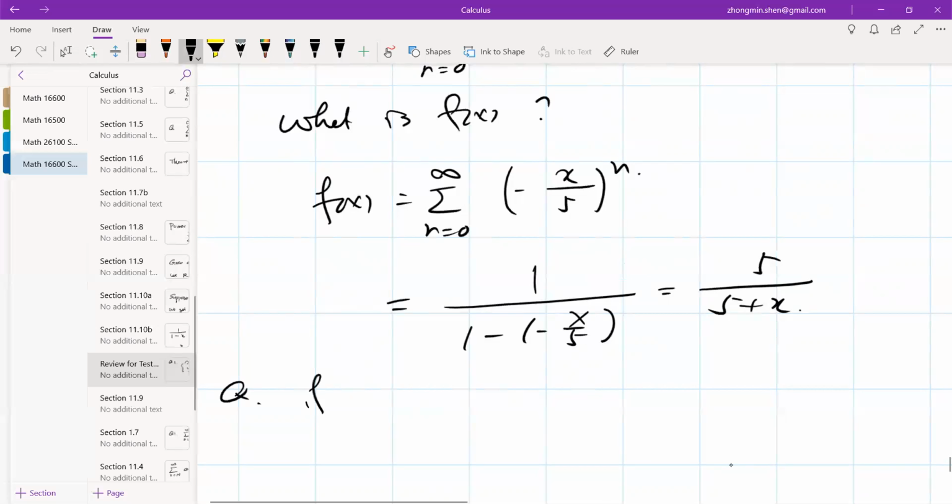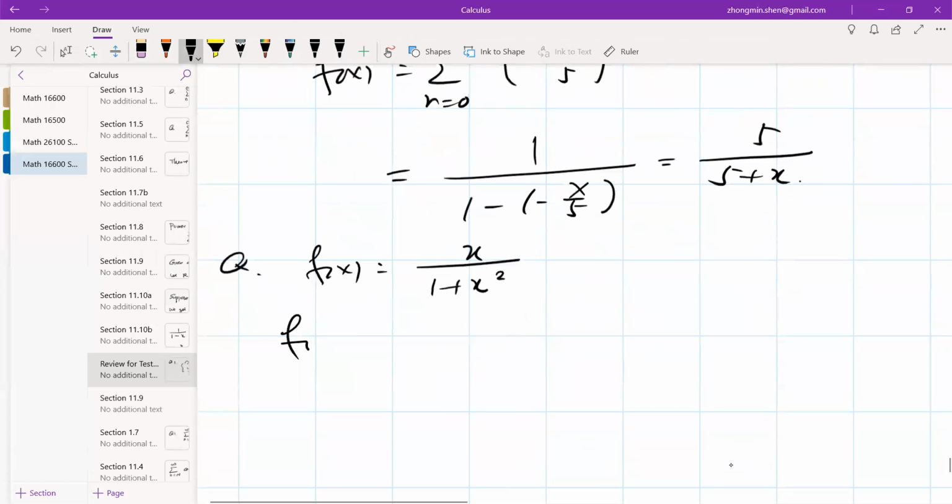Okay, so given a function x over 1 plus x squared, find the Taylor series or Maclaurin series for f of x. If I say Maclaurin series, I don't need to mention which point because a is going to be 0.